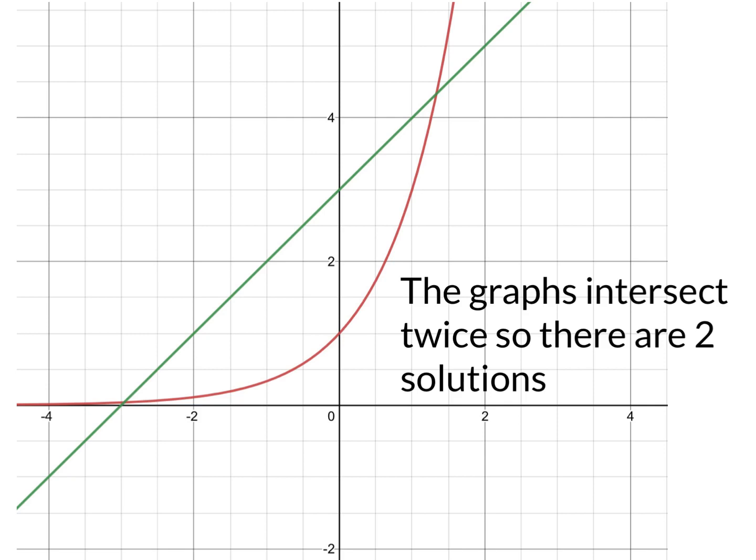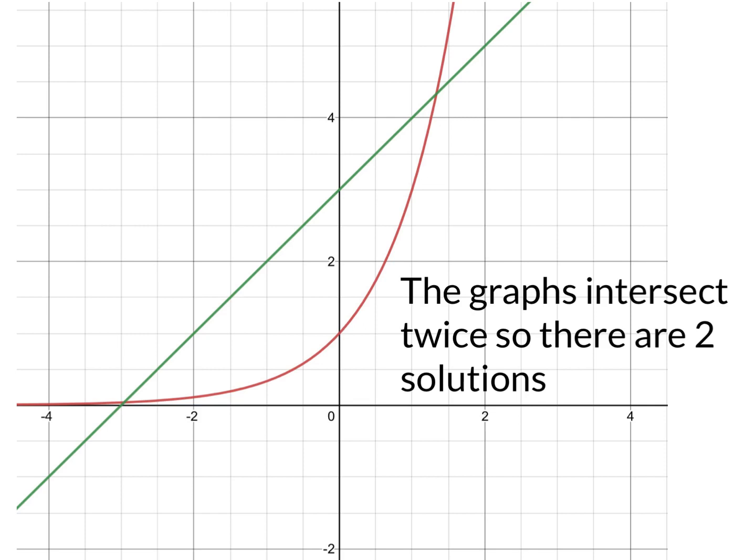Our first question was, how many solutions does it have? Well, it intersects twice, so it has 2 solutions. Trying to get those solutions approximately, we can see that one solution is pretty close to -3, where the 2 lines meet.